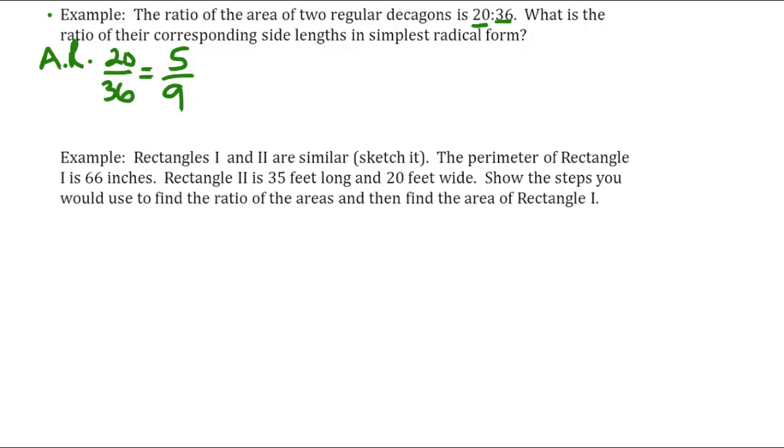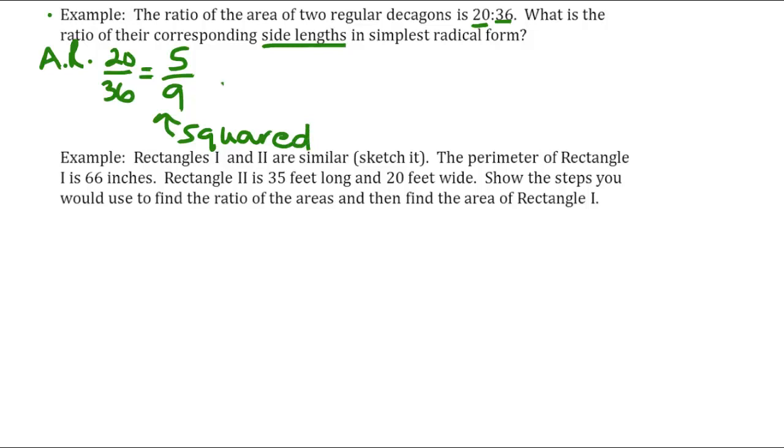But what do we need to find? We want to find the ratio of the side lengths. So remember that area is a squared unit, and so this is already squared. Now, this is my squared area ratio.